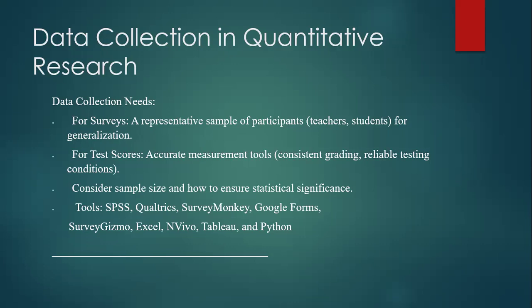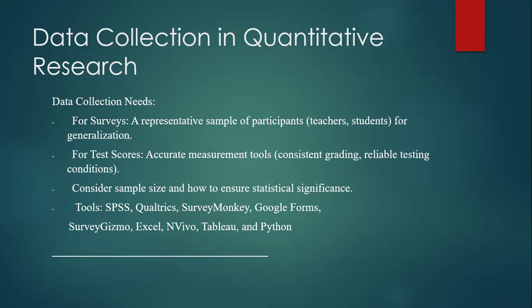You can also use Excel, which is a great resource. A lot of people don't realize that, other than the basics of Excel, it does have a statistical analysis section that you can use. NVivo is another one.